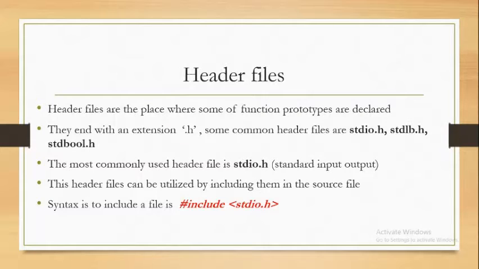Some of the common header files are stdio.h, stdlib.h, stdbool.h, etc. The most commonly used header file is stdio.h, standard input output, and these header files can be utilized by including them in the source file with the help of the include preprocessor directive. The syntax to include a header file is include stdio.h.